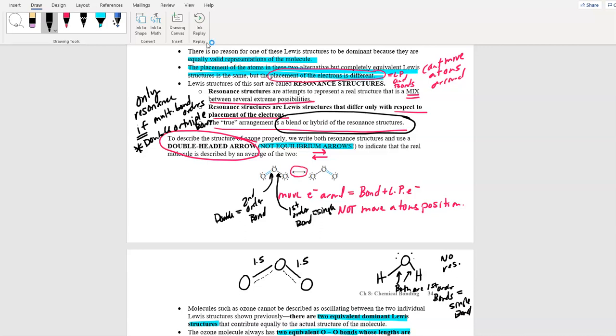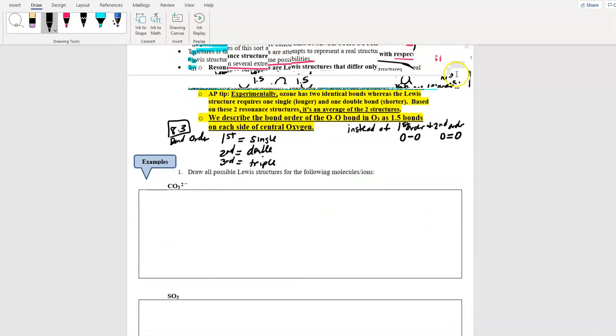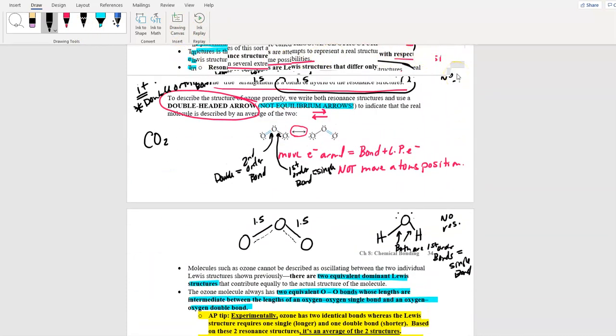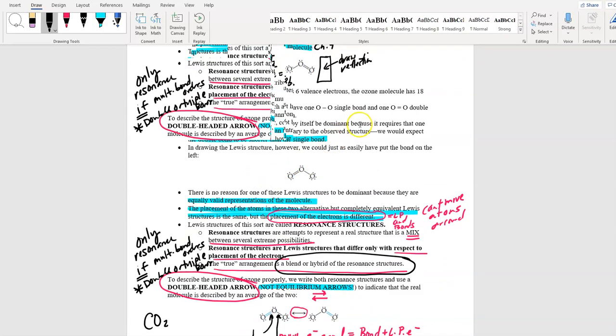Okay, so somebody like CO2, CO2 can definitely do resonance, okay? And I believe in the video we showed that before too, okay? So with that, I don't think I have CO2 on here. So with CO2, let me kind of clean this up a little. Here we go. We'll do it right up here.